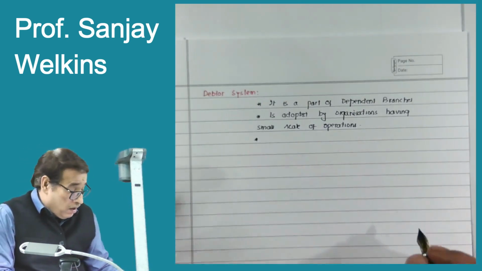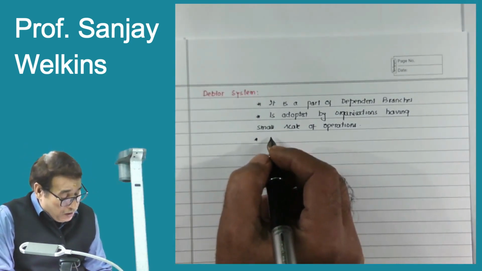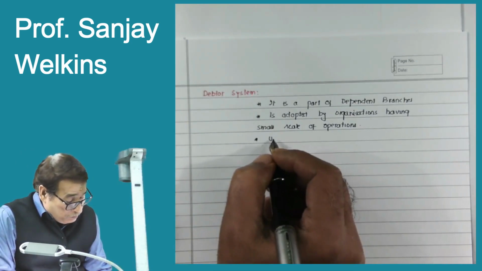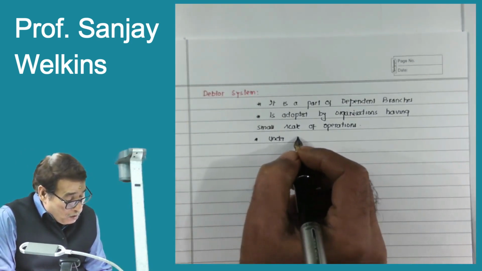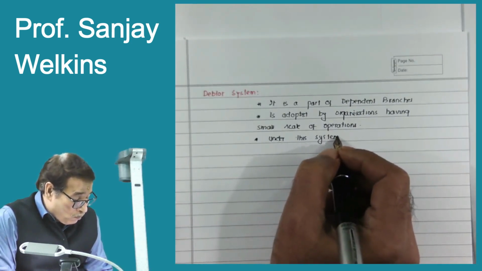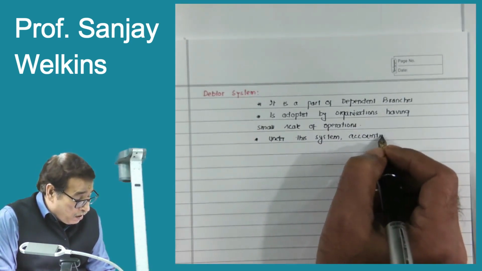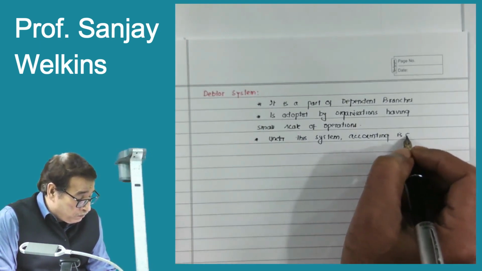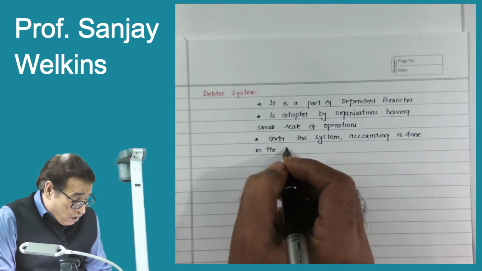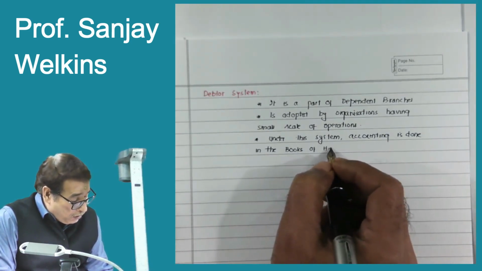Then I wrote that under this system, accounting is done in the books of the head office, and head office maintains only a branch account and a sales ledger. Under this system, accounting is done in the books of head office only.